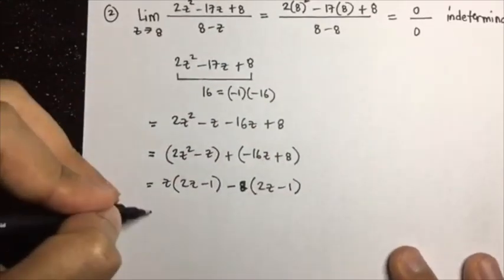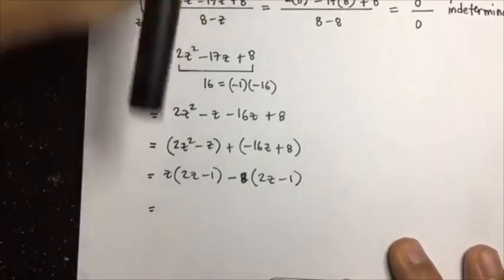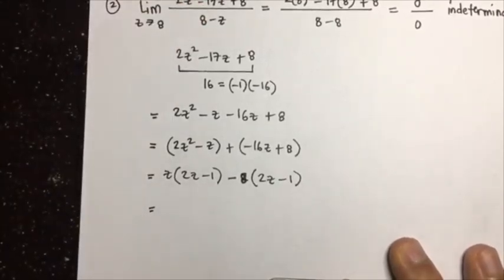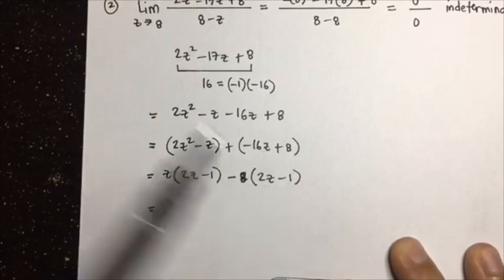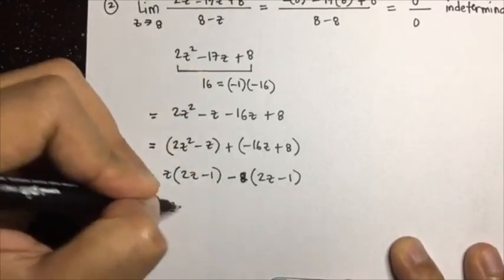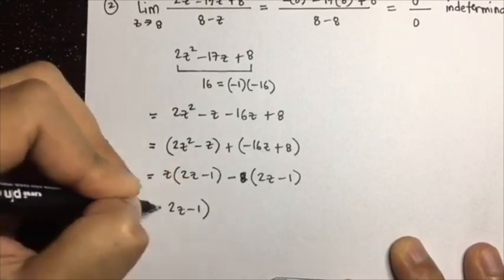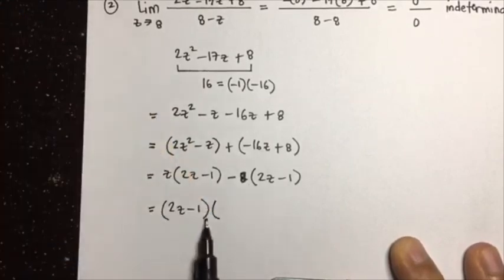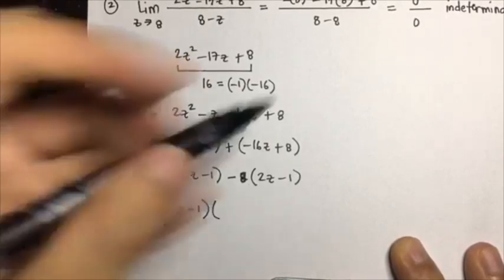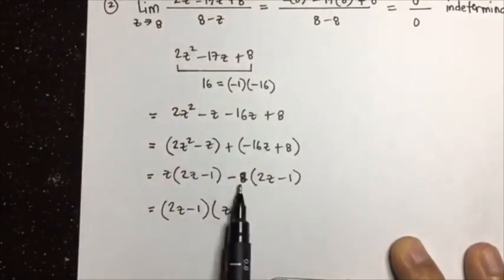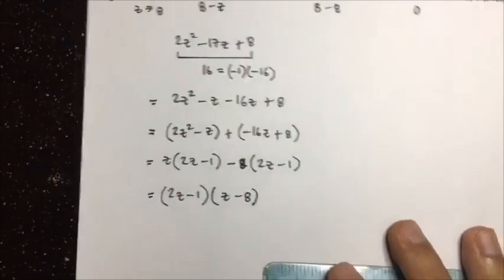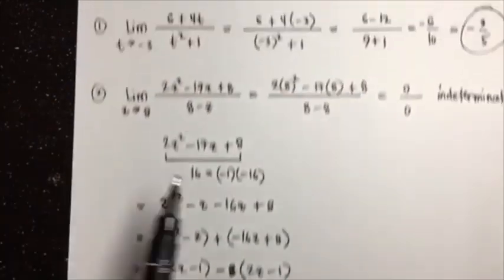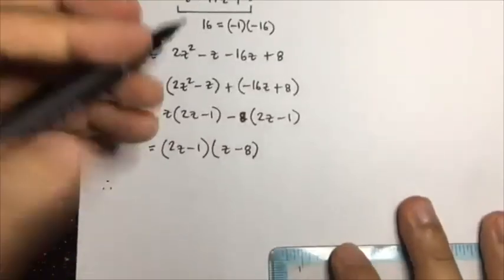Now we have two terms with the common factor 2z minus 1. If we factor out 2z minus 1, what remains in the first term is z, and the second is minus 8.